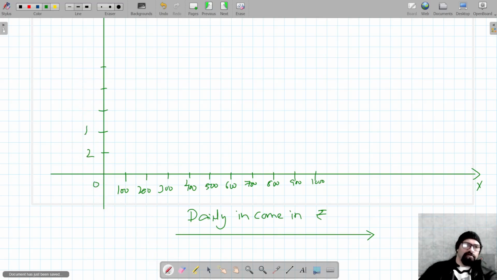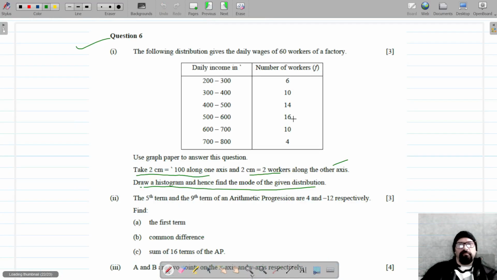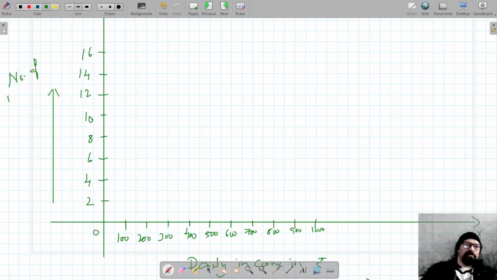So 2, 4, 6, 8 and 10, then 12, and we have the frequency 16 as well. So 12 and 14 and 16, and these are the number of workers. So here we are going to label it as the number of workers.